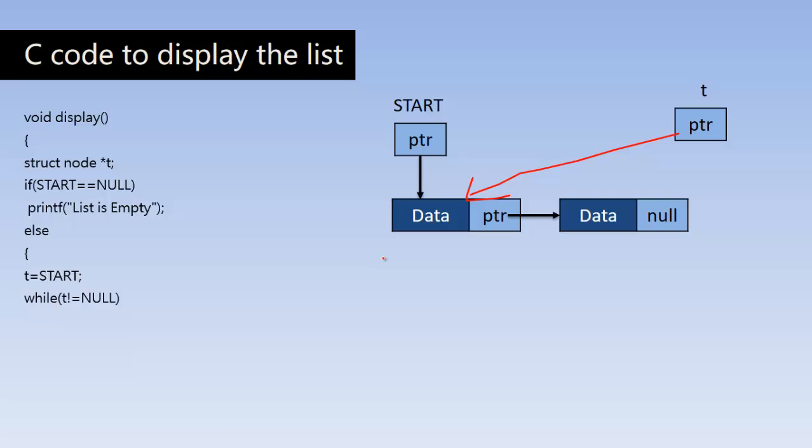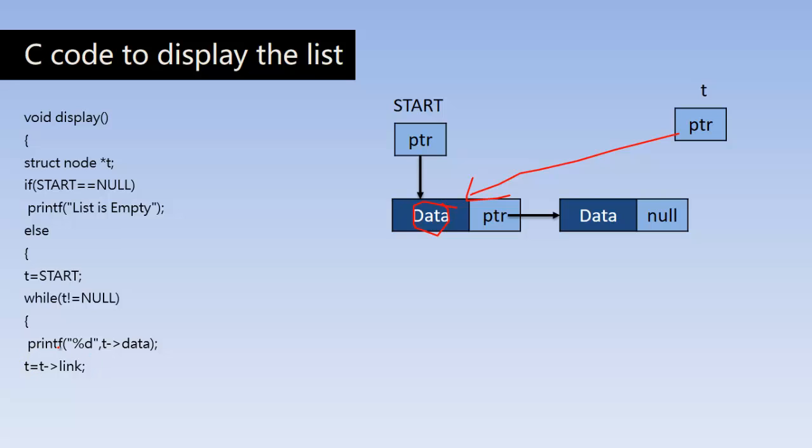To display the contents of all the nodes on the screen, we have to iterate from the first node to the last node, right? So as long as the content of T remains not equal to null, we put it in the loop and display T of data. And then increment T. How are we incrementing T?